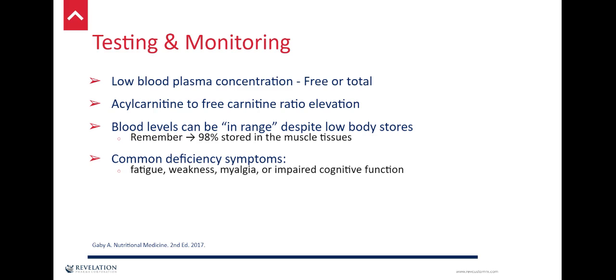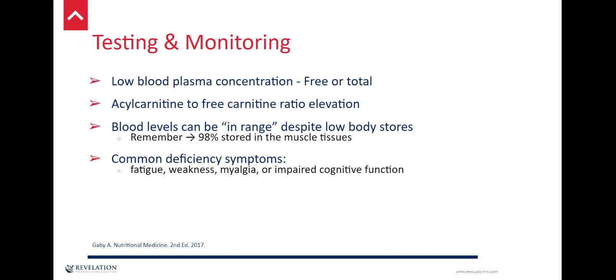So, testing and monitoring. Low blood plasma concentration, free or total, is typically what would be looked at, or an elevated acyl-carnitine to free carnitine ratio. Those are the ways you could test for carnitine deficiency, but it's typically not done in the outpatient setting, more often in an acute care setting, like in the hospital, where a carnitine deficiency might be related.